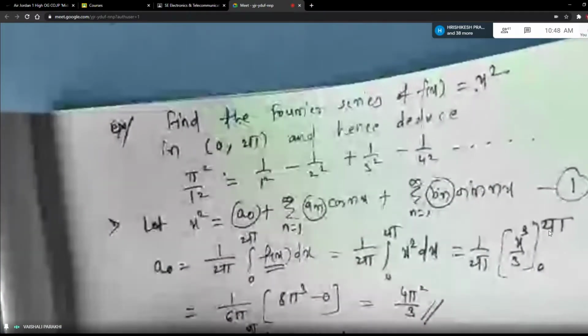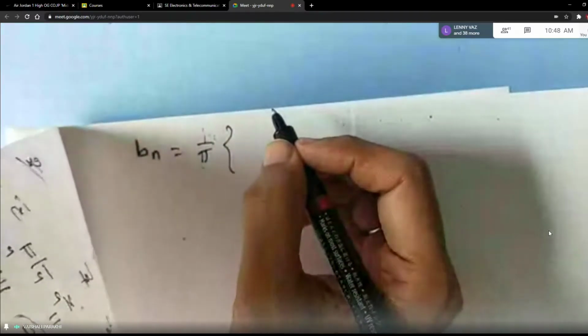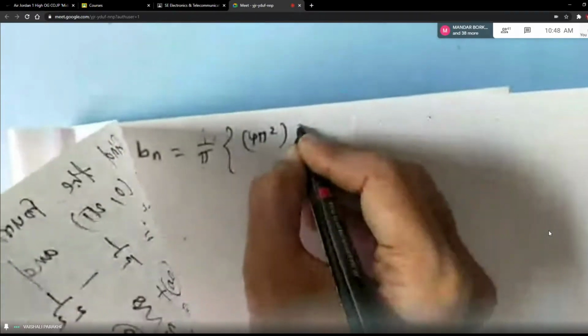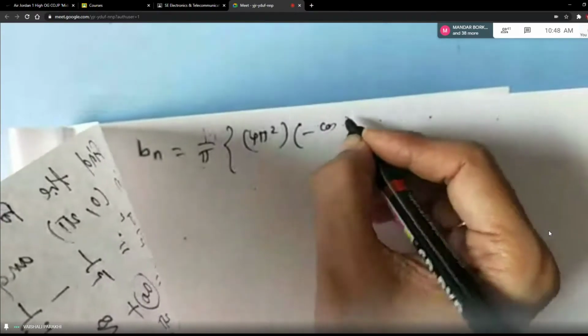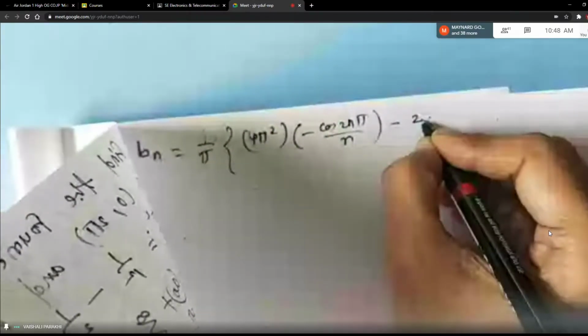Now let us substitute. This is 1 by pi, which is a constant outside, which will remain as it is. Now let us substitute for the upper limit first, which is 2 pi. So x square means 4 pi square, right? Then minus cos of 2n pi divided by n minus 2 times 2 pi.